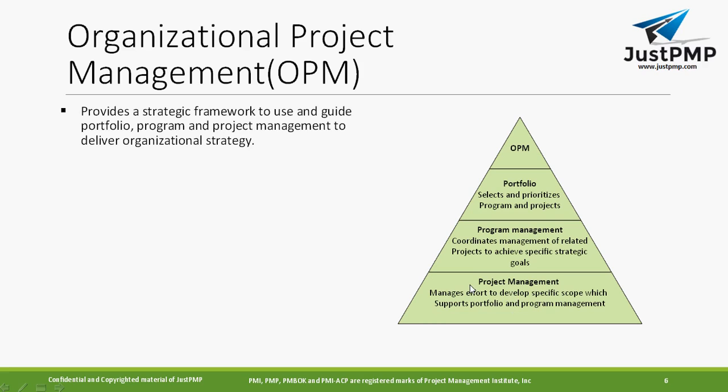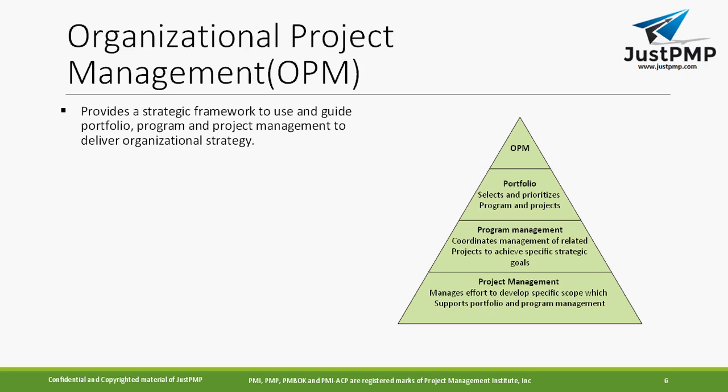As I already explained, project management manages effort to develop a specific scope which will support portfolio and program management. Then program management coordinates the management of related projects to achieve a specific strategic goal.